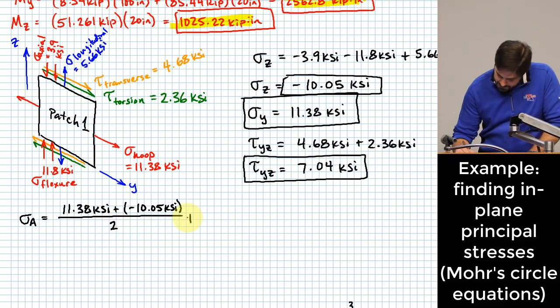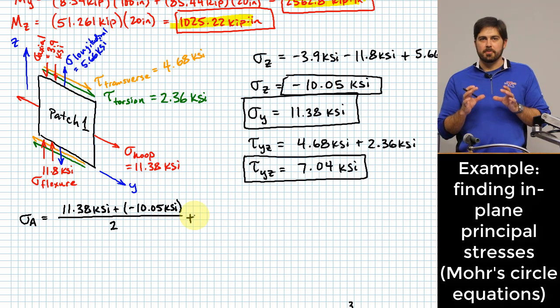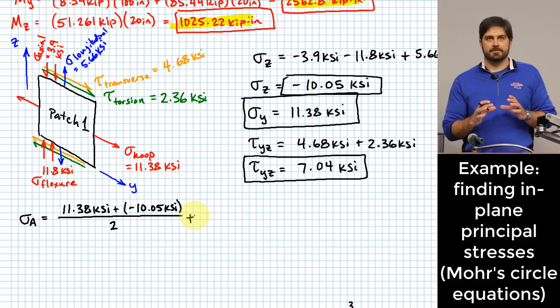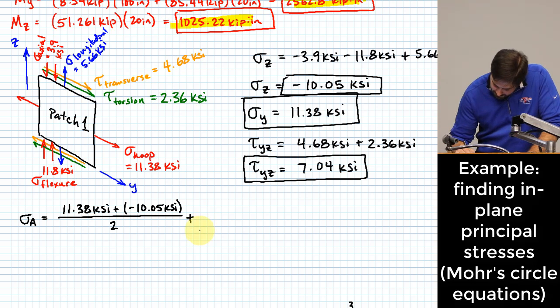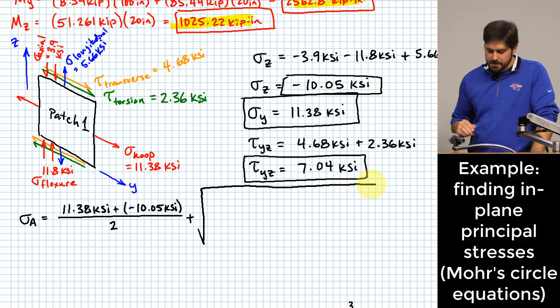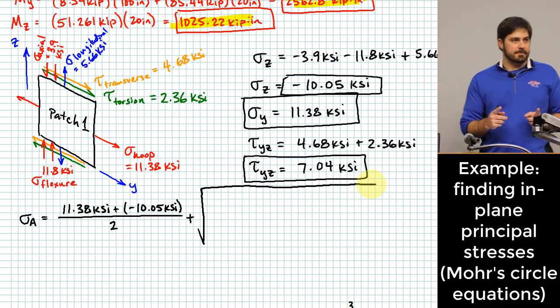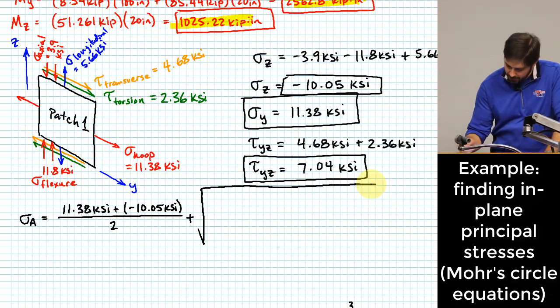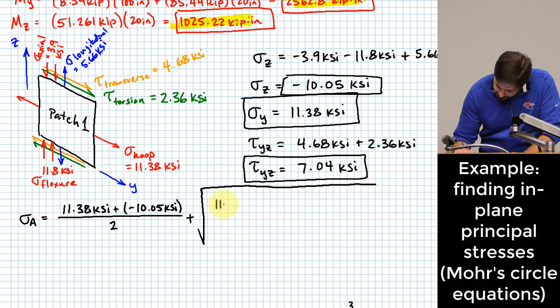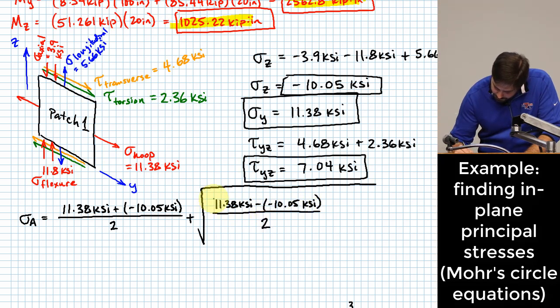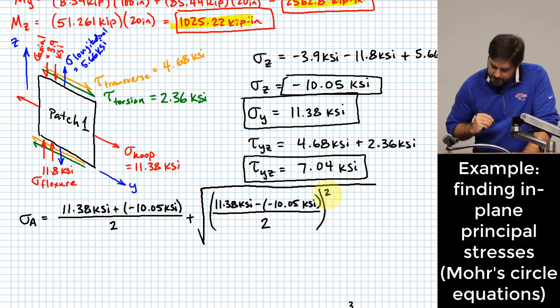Okay. To this, I have to add the radius of Mohr's circle for my in-plane stresses. The radius is going to be the square root of two terms, one of which is the difference in my normal stresses over 2. My normal stresses again are 11.38 KSI minus a minus 10.05 KSI, all of this over 2 and squared.